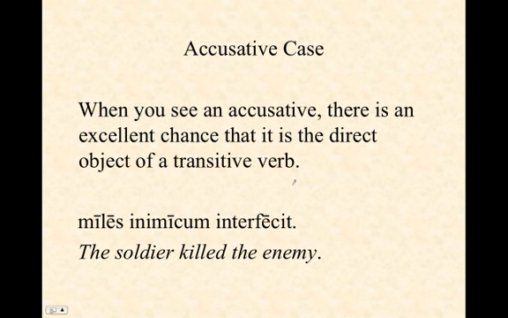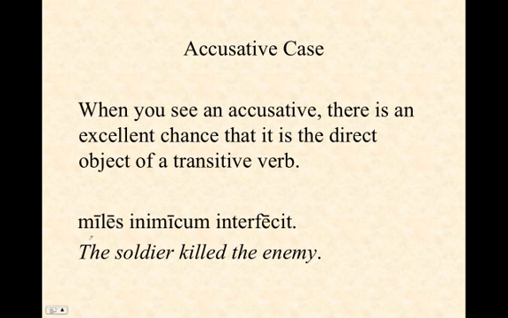When you see an accusative, whether it be singular or plural, there is an excellent chance that it is the direct object of a transitive verb. One of the mistakes I see students make frequently is that they see a noun and they try to make it the subject of the verb. If it's accusative, you should have the assumption that it is the object.